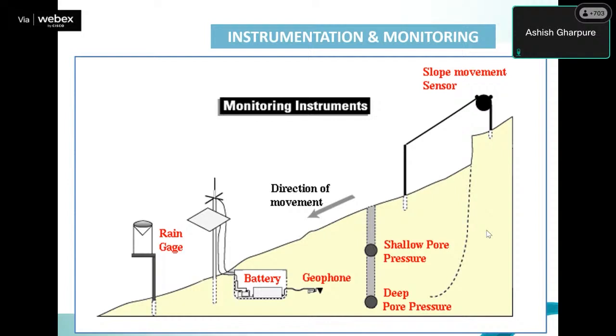Any sliding movements can be detected through sensors, right? Even rain gauges can help you, because some of the early warning systems can be linked straight away to how much rainfall is occurring. So the threshold could be 100 mm per hour for one location, 120 mm per hour for another location. But once we have instruments, at least we can get some warning. Next, please.